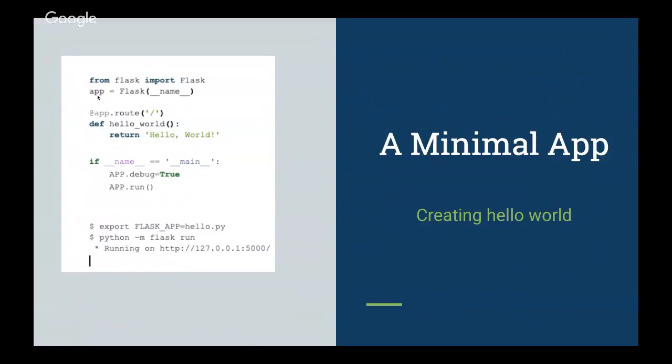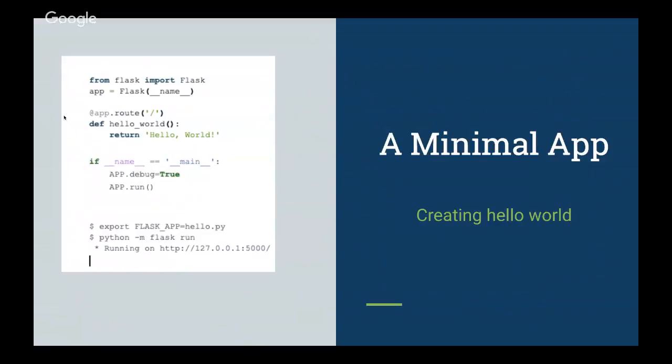You would give this a class instance pointing to your app, and then you have a simple function that says hello world. This app.route is basically referring to the URL of the app, and there you have it. It will just print out the words hello world on your web page.